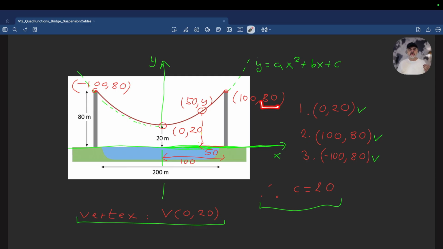So at least we have two coordinates clearly established, but since this is the lowest point on the graph, and we know that x would be 0 here, and the y value is 20, so we have the third point on the graph. And this is very important, because when we have 3 points, we can find the equation of a parabola.